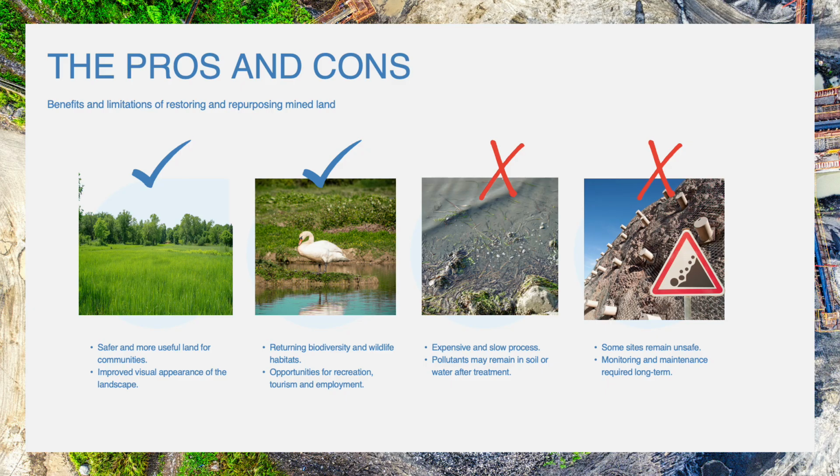Heavy metals or chemicals may remain in soil or groundwater even after there's been treatment for it, which will limit future land use. Some sites will just remain really unsafe as well because the deep pits or unstable ground or contaminated soil or polluted water may make the area unsuitable for housing or farming or recreation.